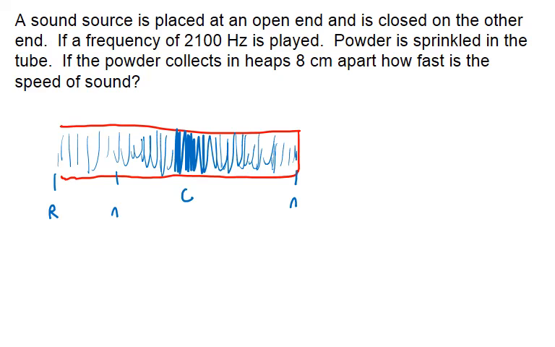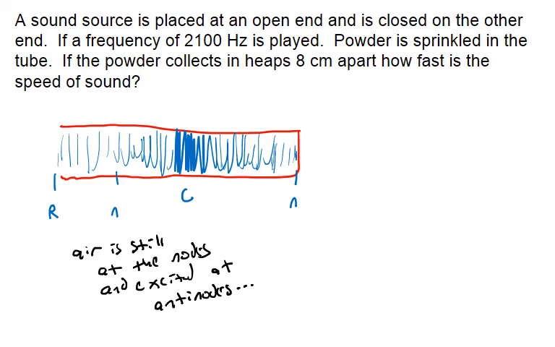And let's say that the powder is collecting in certain spots where the air is still. And so the air is still at the nodes, and it's excited at the antinodes. So why don't you go ahead and try from here, see if you can figure out the speed of sound based on this information, and then when you're ready to check, you can hit play to continue.